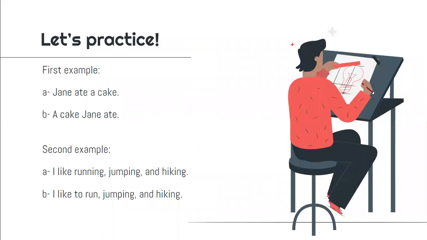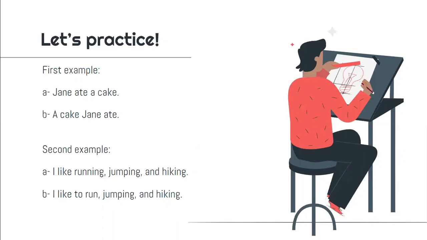Let's practice, okay? Let's do these two examples. In each one you have two options. So let's think which options are correct. You have in the first and the second example two different sentences. You need to look at what the mistake is. Okay, do you have the answers?